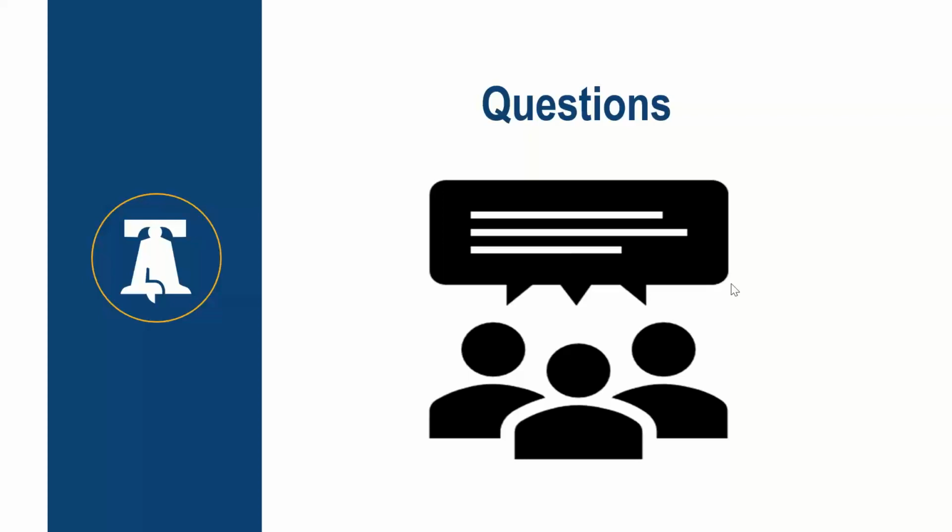So typically those points of contact are the CEOs or executive directors of the agencies. And again, when we send that out, if we do not receive a receipt confirmation, we'll make sure to reach out to that agency to get the correct contact.